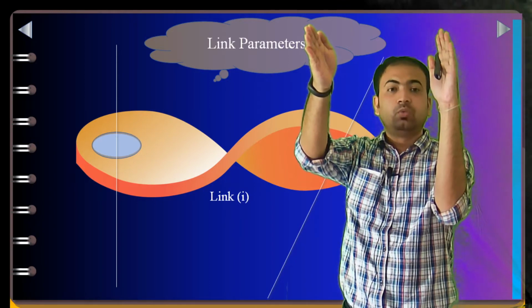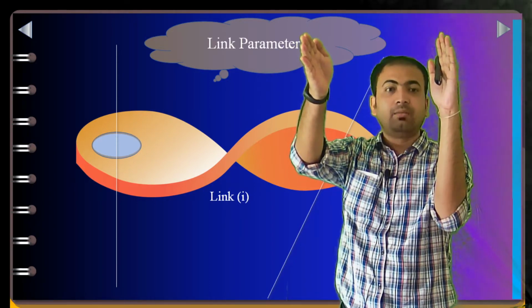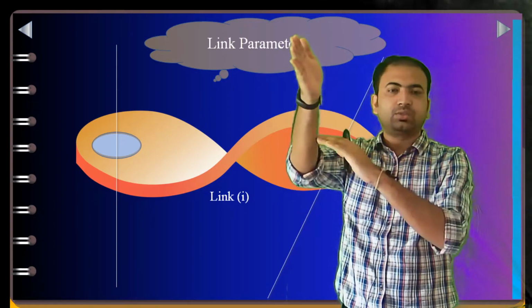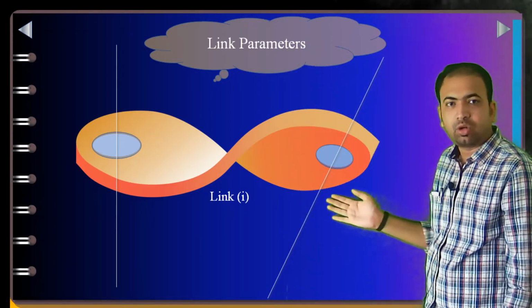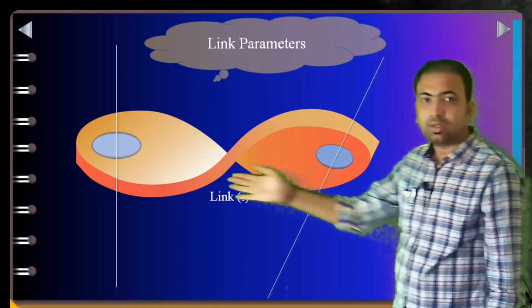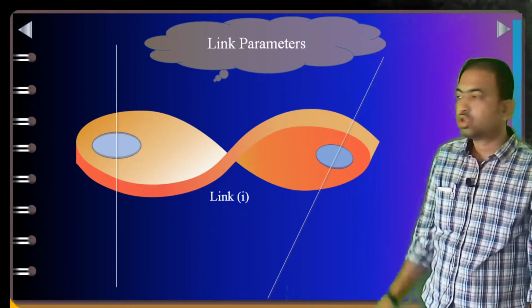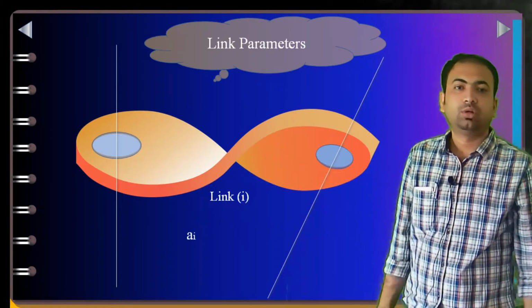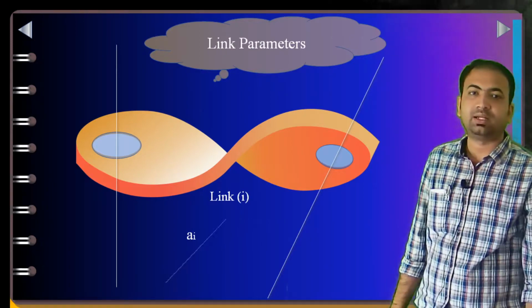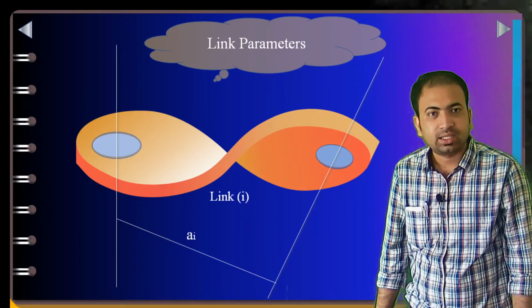We have to find the common normal between these two axes. Both should have one common normal, and that will be represented as a_i. a_i is the link length.